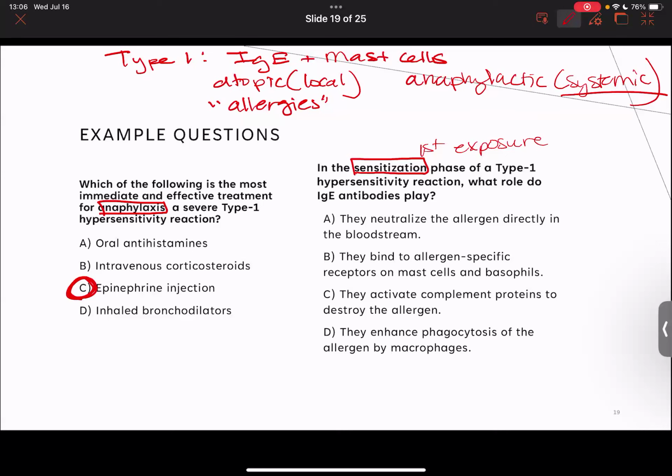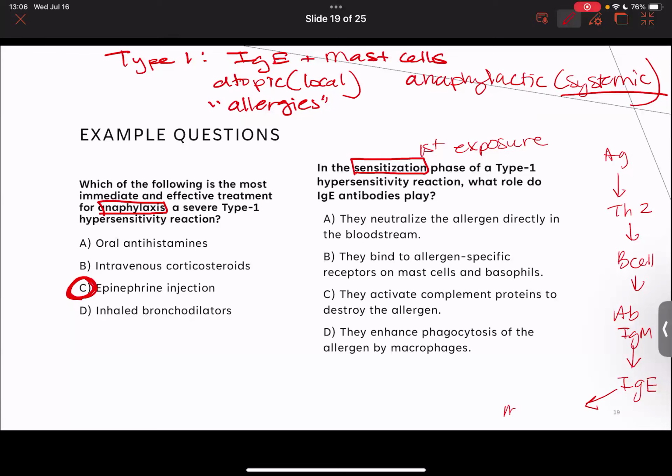And so when you're going through this sensitization process, you're first seeing the antigen triggering your T helper cells, primarily your Th2, which will then activate your B cells, which will turn into plasma cells and will make the antibody. The antibody will first be IgM, and it'll class switch to IgE. This is your sensitization.